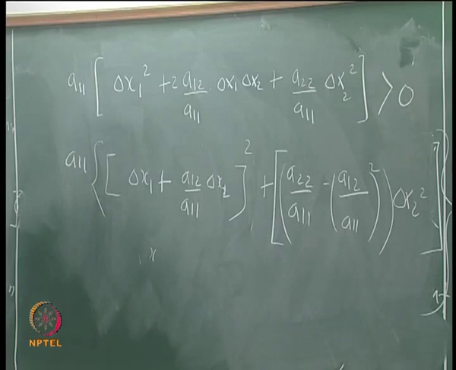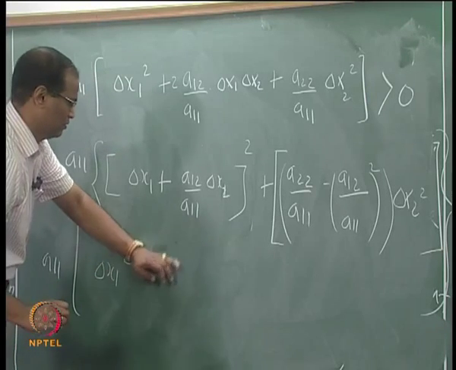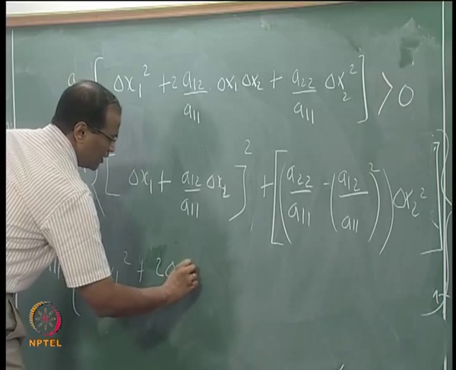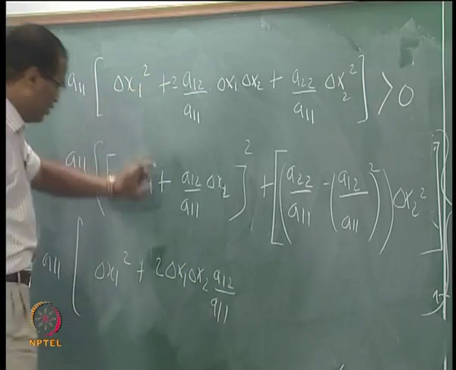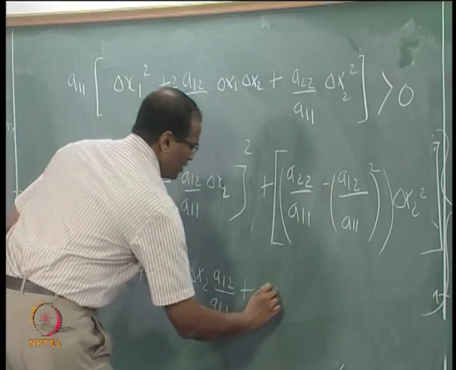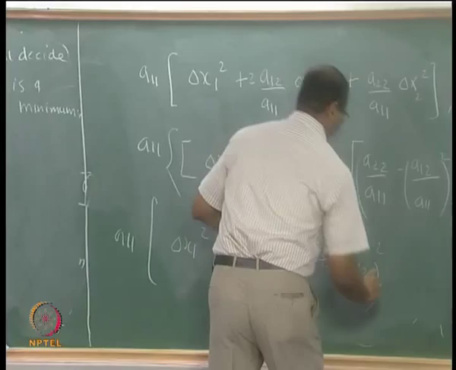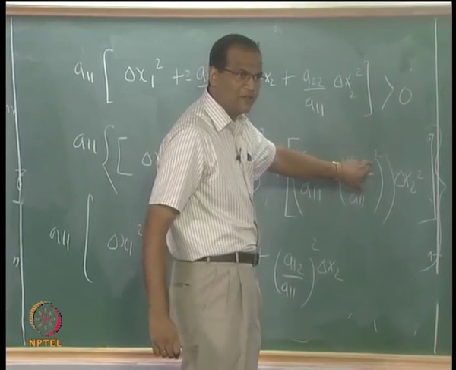Correct. What I have done now is this will be a11 into delta x1 square, plus 2 delta x1 delta x2 a12 by a11. So the first two terms you will get an additional square term which is a12 by a11 square delta x2, but I put the square minus term here which will cancel, right.